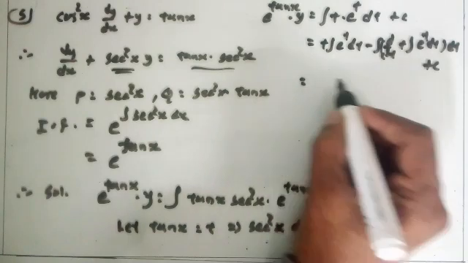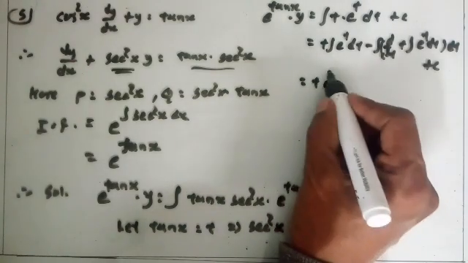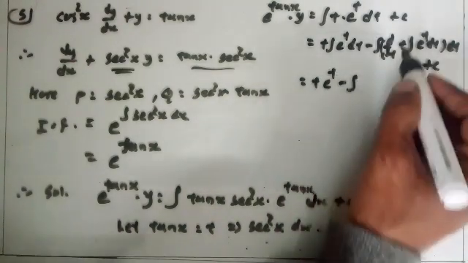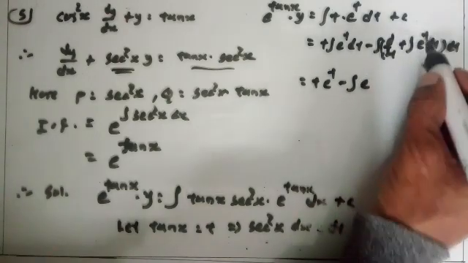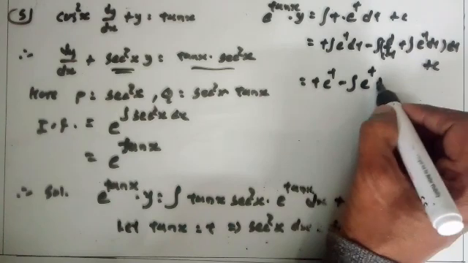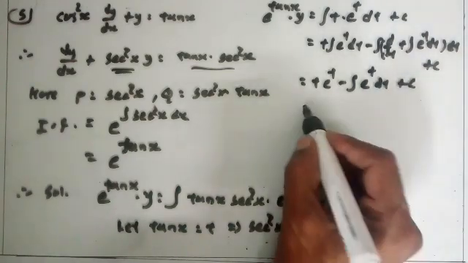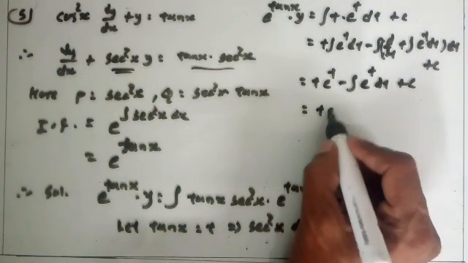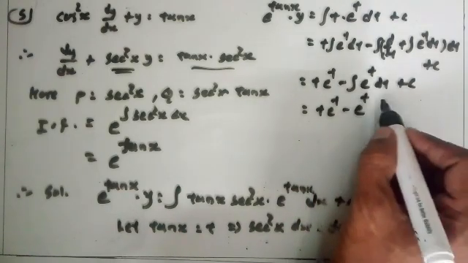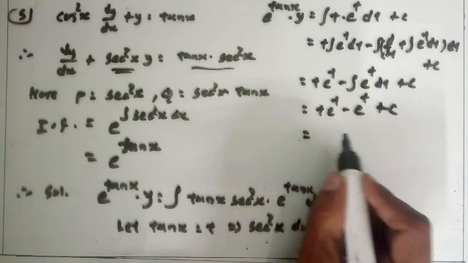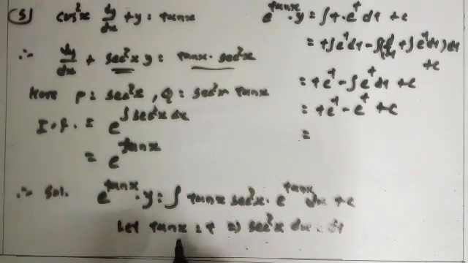So t e raised to t minus the integration of derivative of t, which is 1, into the integration of e raised to t dt, plus c. So is equal to t e raised to t minus e raised to t plus c. Now replace t by 10x.